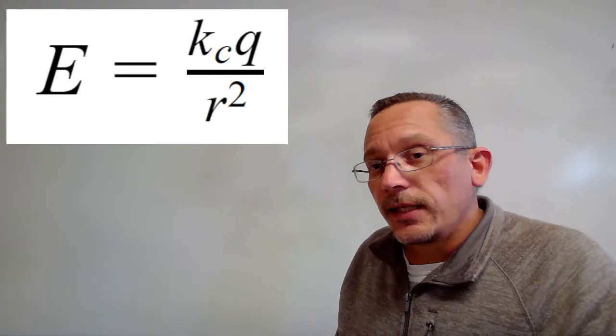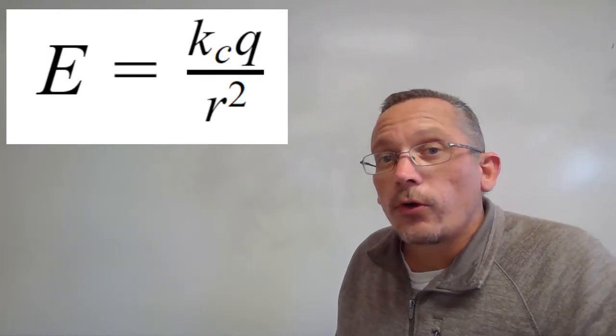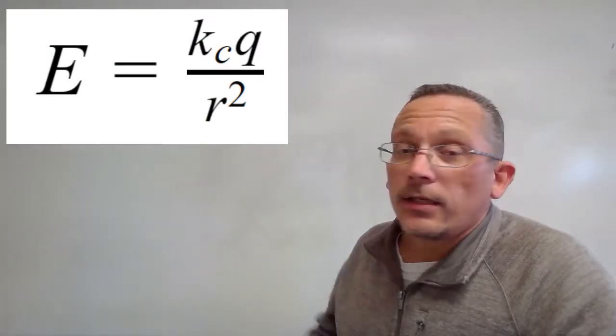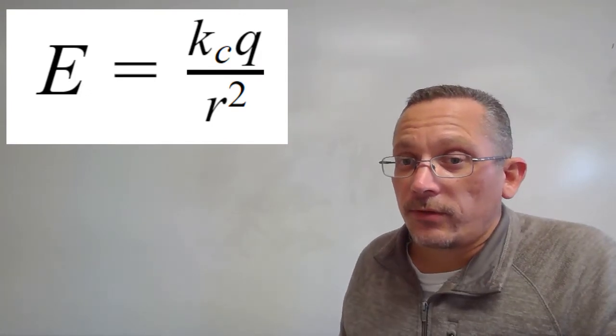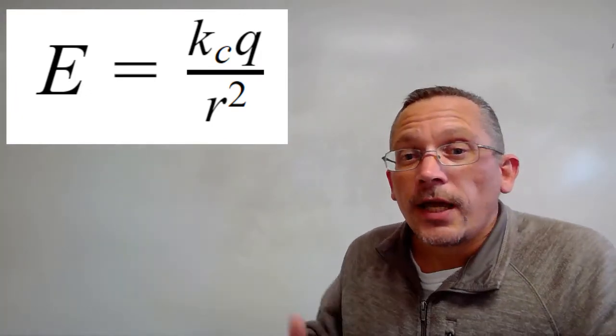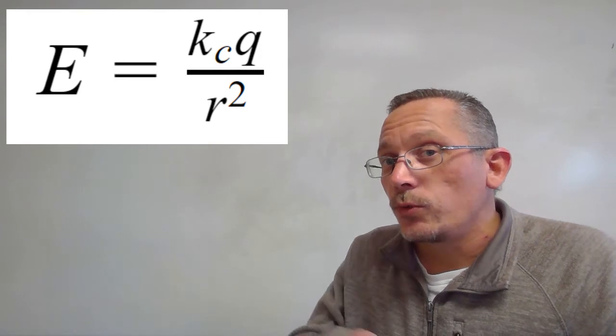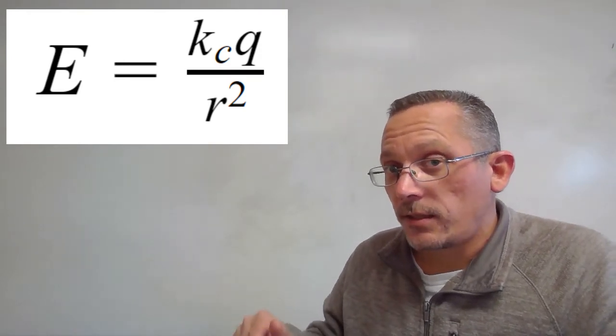We can calculate the strength of an electric field at some point in space around a charge using the equation here. It says E equals kcq over r squared. E represents the electric field strength, right? E for electric field. And electric field strength is measured in newtons per coulomb, N/C.